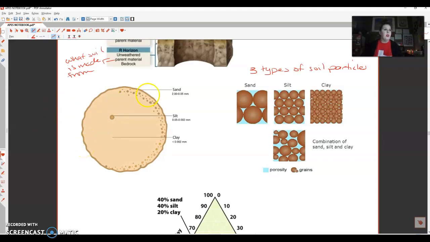Okay, so here we have soil particle size. So we have sand, silt, clay. So let's look at the picture. What's the largest? Sand. What's the smallest? Clay. And in the middle, you've got silt. Now think about it, guys.